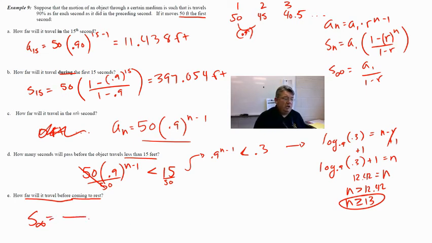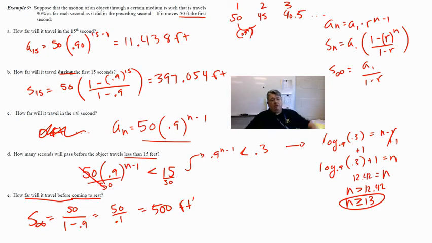And the sum of the infinite terms is just the first term, which is 50 over 1 minus the ratio, which is the 0.9. Well, 1 minus 0.9 is 0.1, and 50 divided by 0.1 in my calculator is 500. So going through whatever this medium is, this thing will travel 500 feet before it stops.